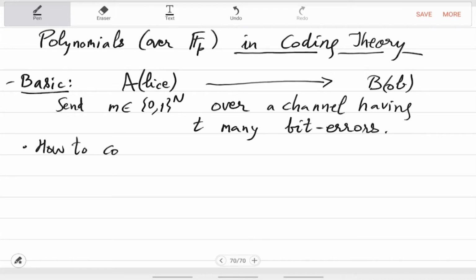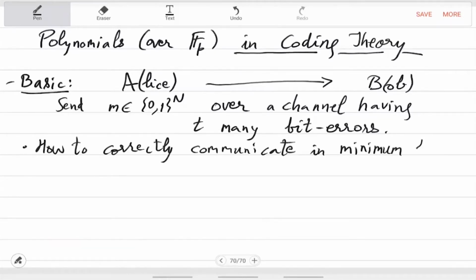So how to correctly communicate in minimum bits? You want to avoid redundancy as much as possible. Your optimization problem is to minimize the bits sent.